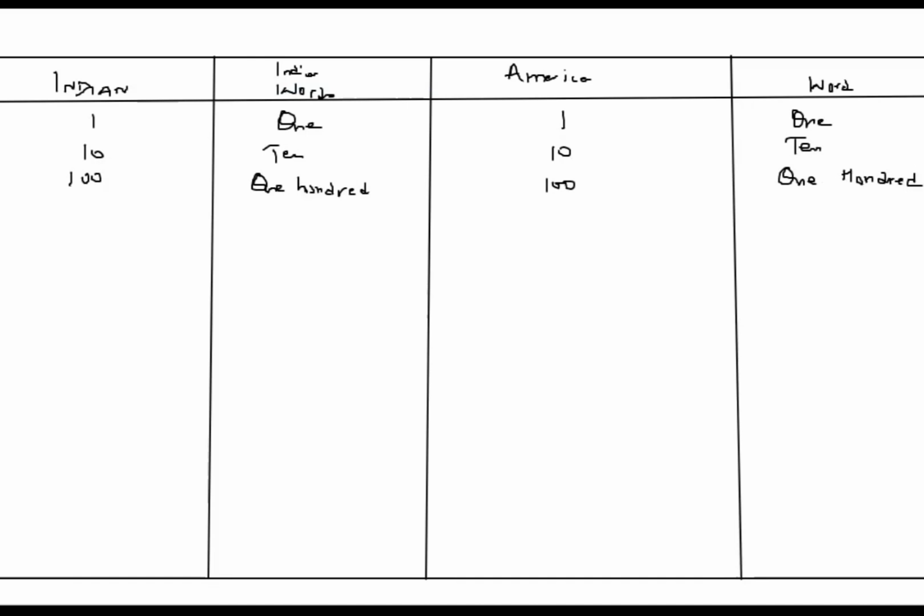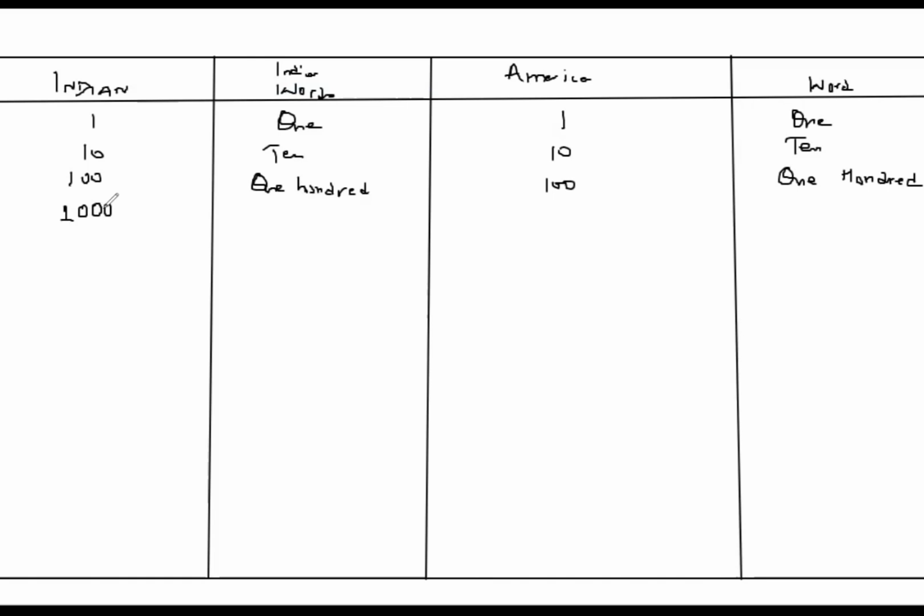Now the things are going to change a little bit. Once we get into 1000, what happens in our Indian system is we start putting the periods or the commas after every three digits going from right towards the left.